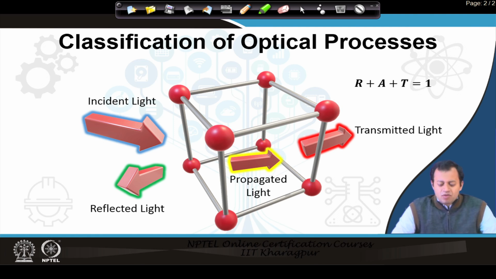So, let us call it absorption, but the absorption here, remember, mostly talks about the propagated light, that is, what happens to the light when it is inside, and then whatever remains is filtered out and comes out as transmitted light. So, the overall process is reflection plus absorption plus transmission. Okay? It gives rise to 1.